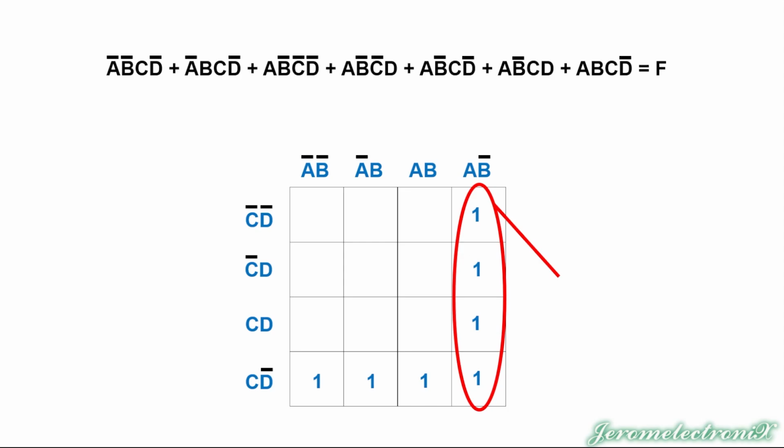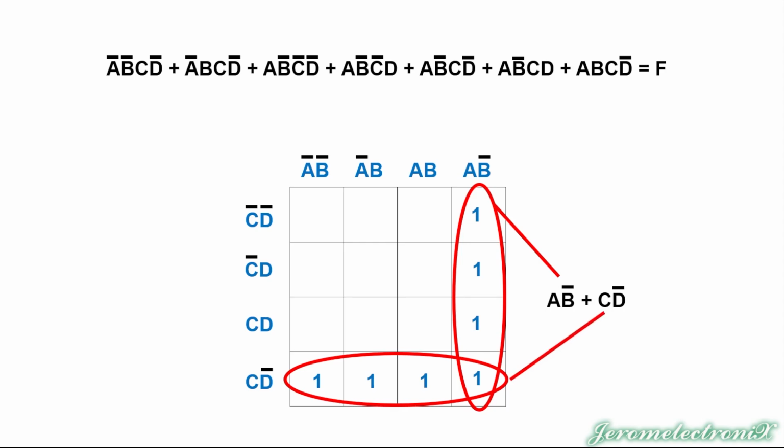So all of the CDs are eliminated. So we just put A, not B there. But we also implicate this row, and that means everything at the top is canceled out. So the only thing left to do is put the CD here, add it to the AB, and that happens to be the same equation that we derived the long way through Boolean simplification.